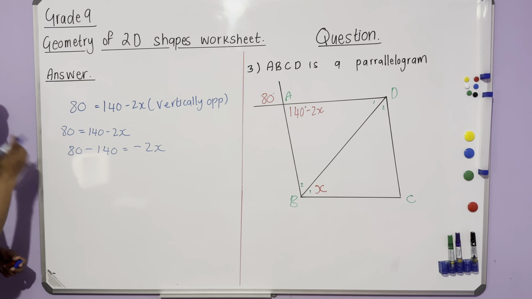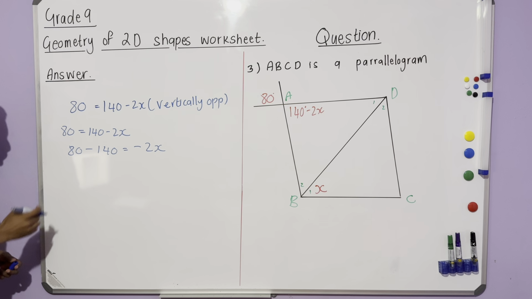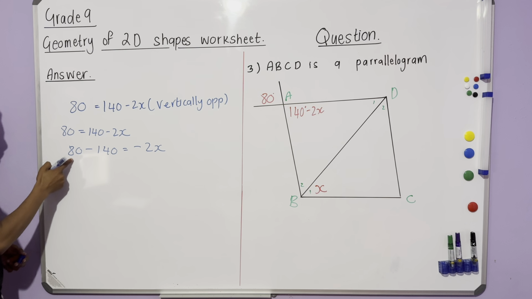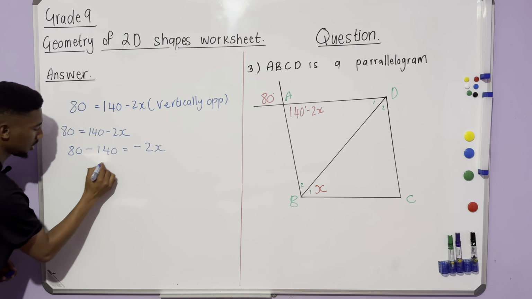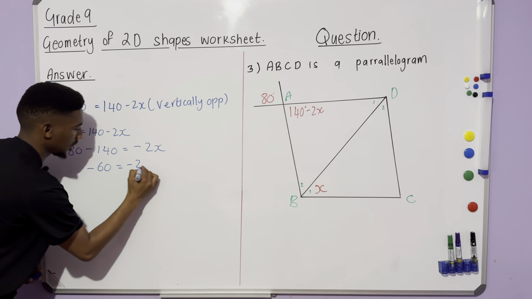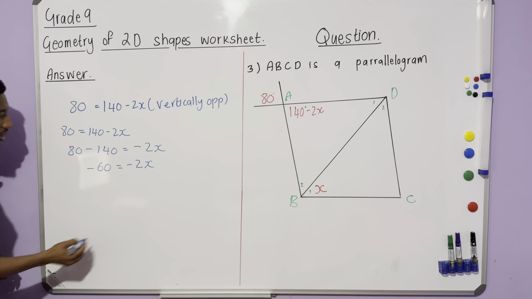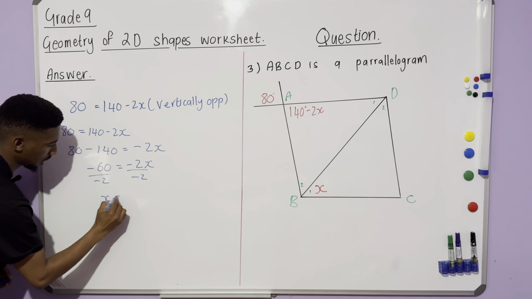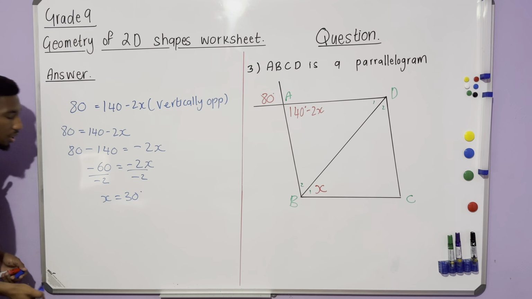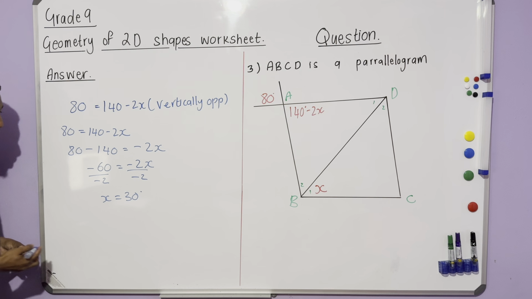I've taken the 140 over. And 80 minus 140 is minus 60, which is equal to minus 2x. And then I divide by minus 2, I can see that x is equal to 30 degrees.